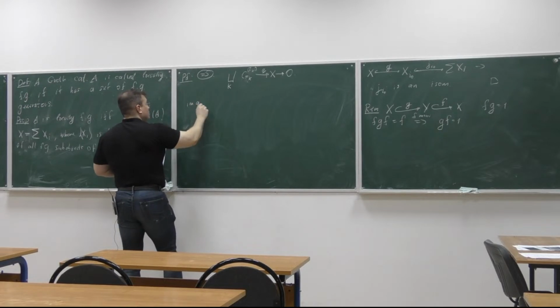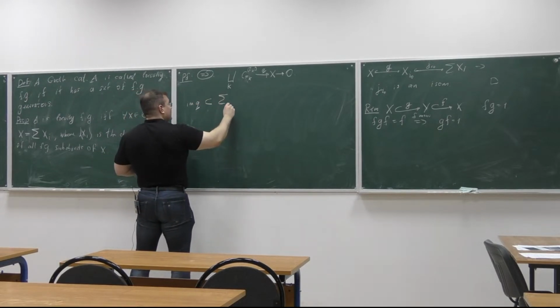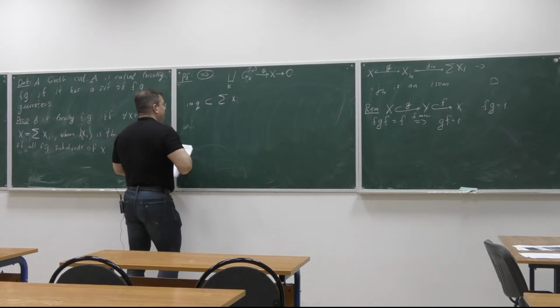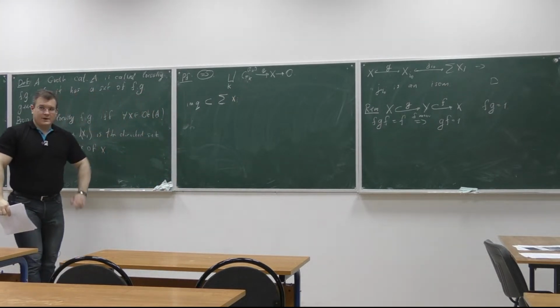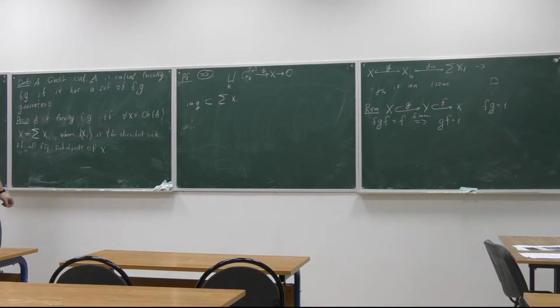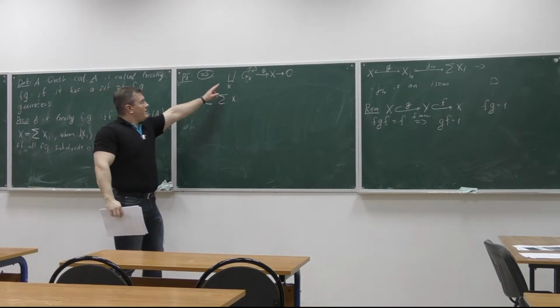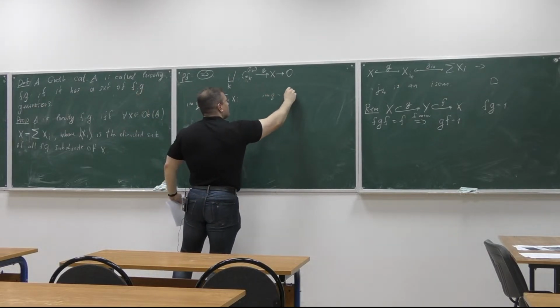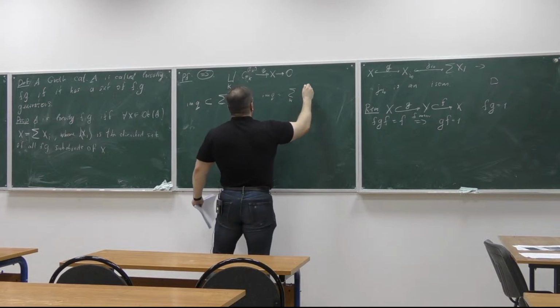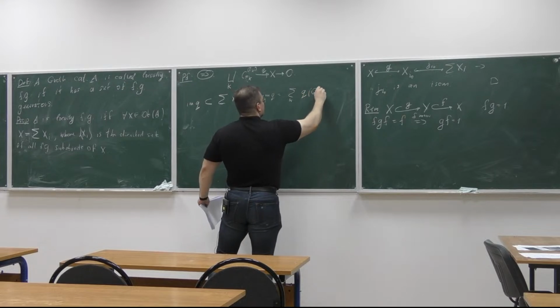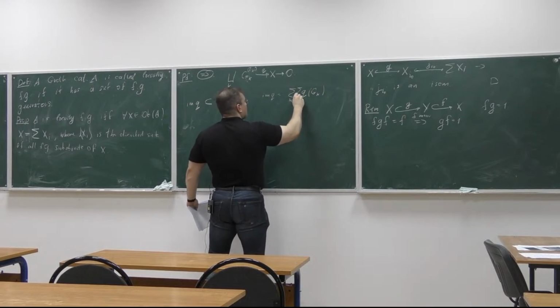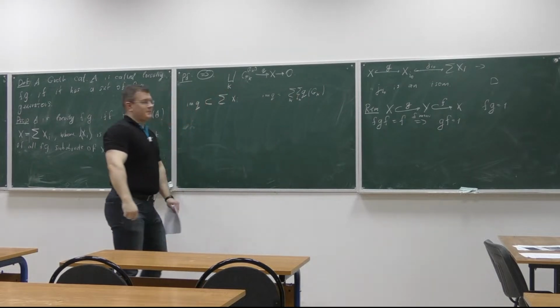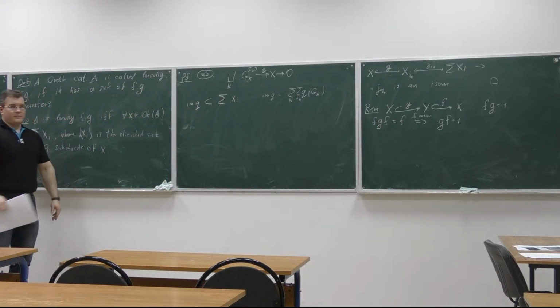I claim that the image of Q is actually contained in the sum of the xi's. Because if you just look at the image of this map, you'll get something like the sum. So image of Q will be the sum over K, and potentially you need to take the second sum over i sub K, of the Q of G of K. This is by the definition of the sum.